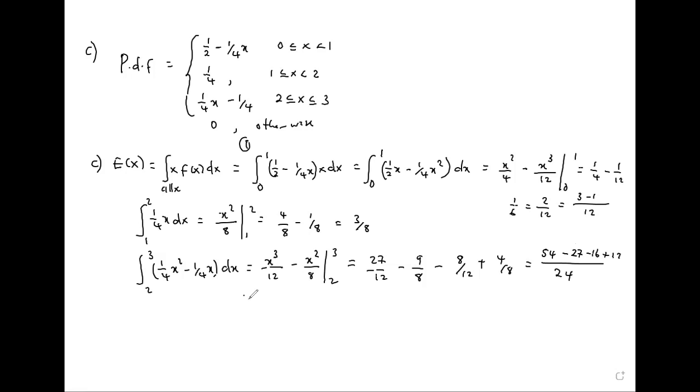So we get 54 minus 27, we get 27. 27 plus 12, we get 39. 39 minus 16, that's 23.